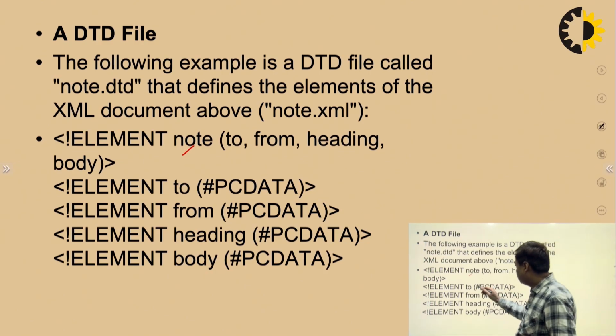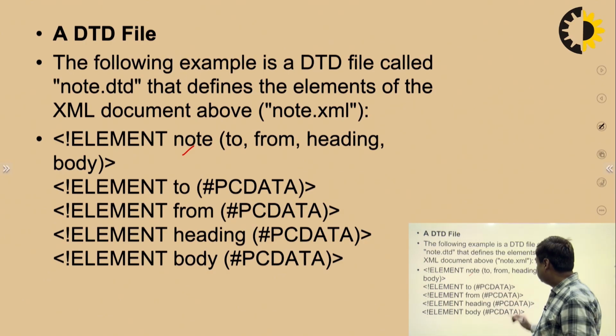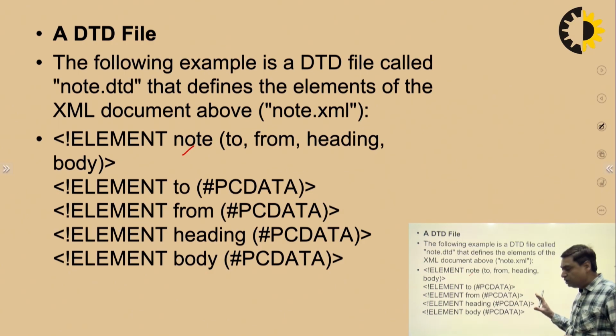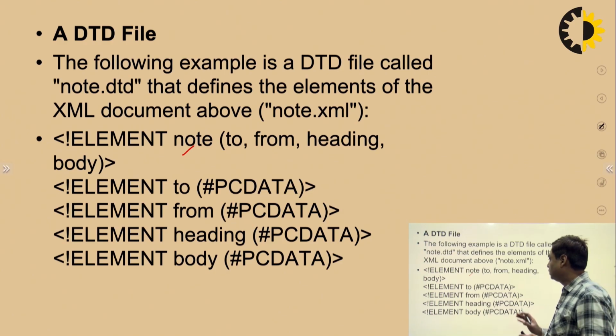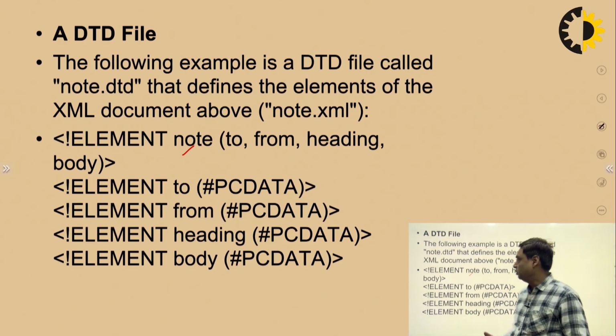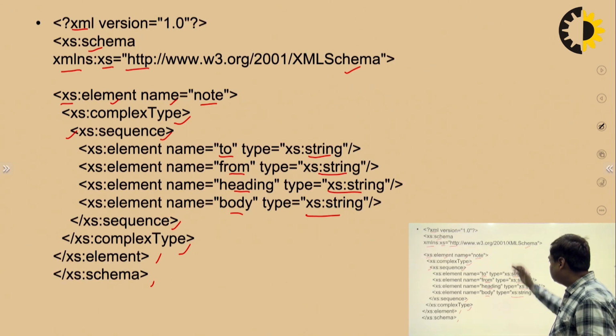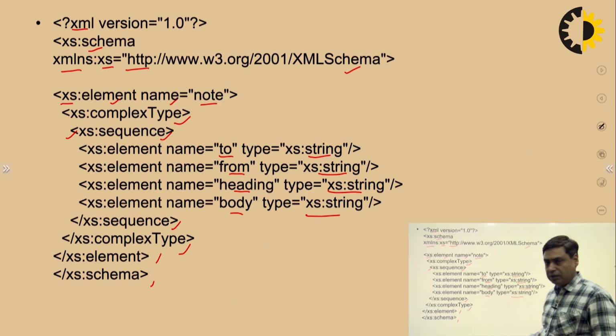Then you define to, from, heading, body, and 'to' is defined as #PCDATA, that is parsed character data. So here you can see it is easy to write, but it has a very limited approach, limited flexibility in writing the schema for the XML file. But if you are using the XML schema, it has a wide variety, it is a more advanced version, and you can include whatever different types you want in the element.